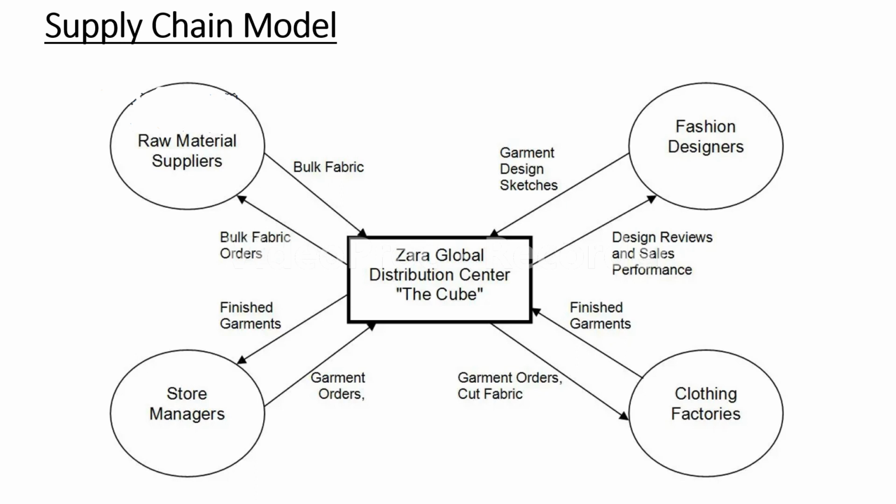fashion designs. For these designs, the raw materials will be imported to the Cube. The Cube imports these raw materials from multiple suppliers all over the continent, mainly the European continent.